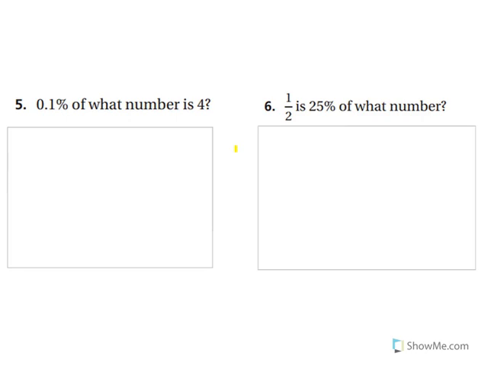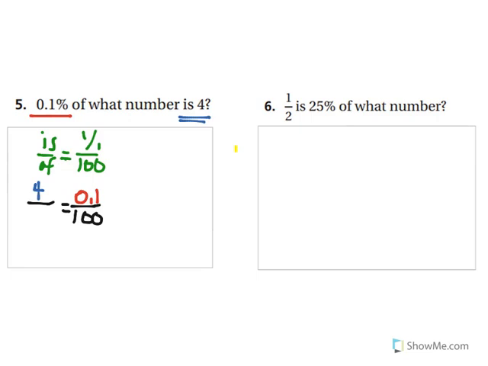Okay, let's go ahead and see how you guys did on this. So for both of these, I'm going to go ahead and use the is over of equals percent over 100. So for our first one, it says 0.1%. We know for sure that we have 100 on the bottom. And we have 0.1%, so that goes on top. And then is 4, so the is a 4 over here.